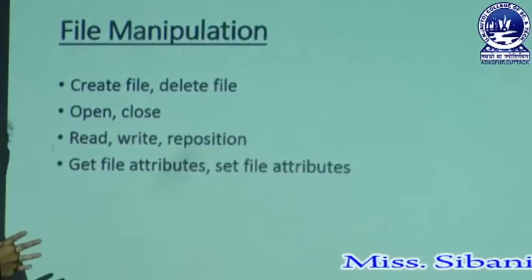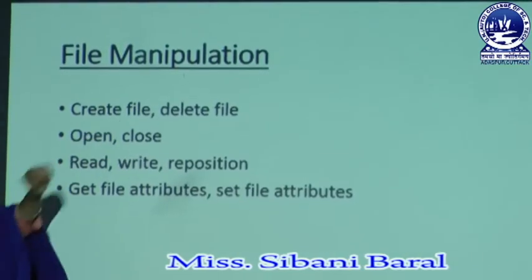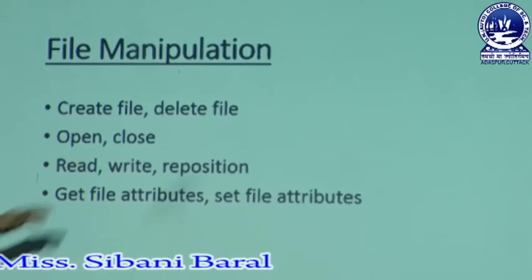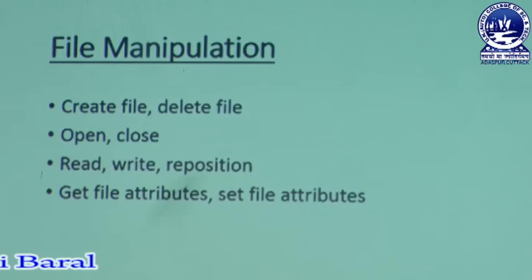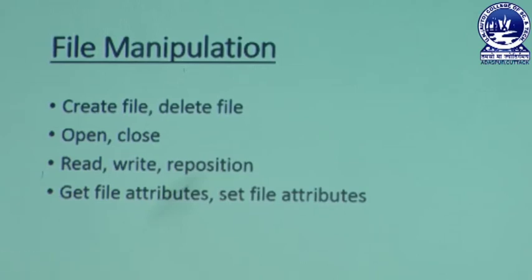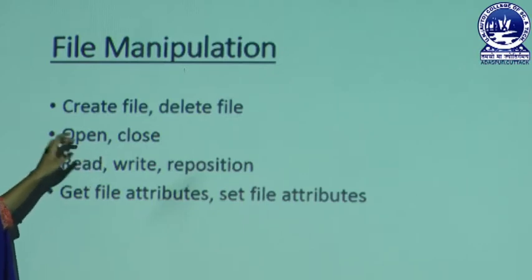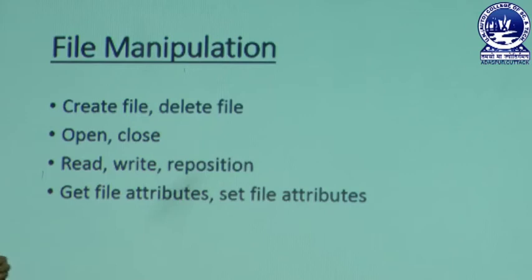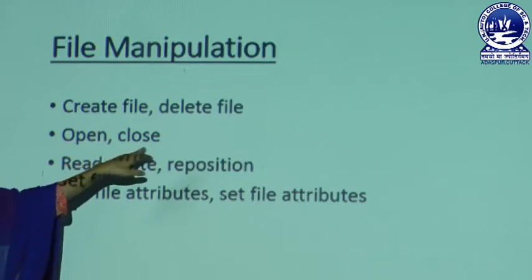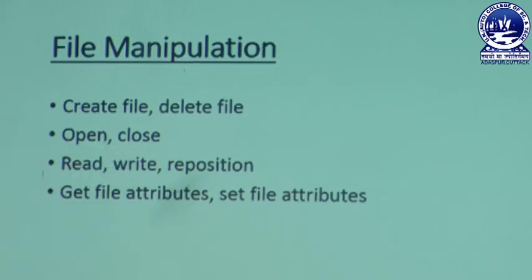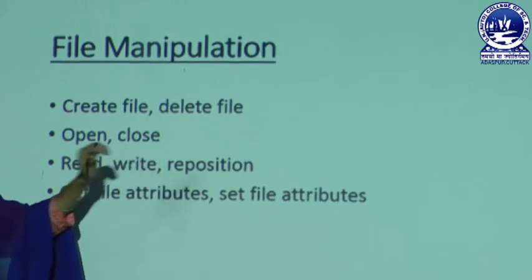The first system call is create file, and then delete file. If you open a file, there is a system call that runs, which is open. And if a file is terminated or closed, then the close system call is executed. Next are reading a file, writing a file, and repositioning a file.